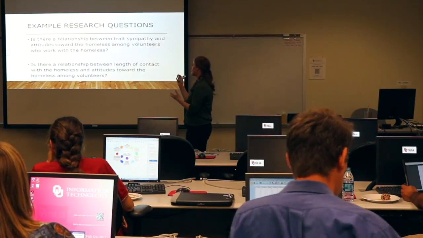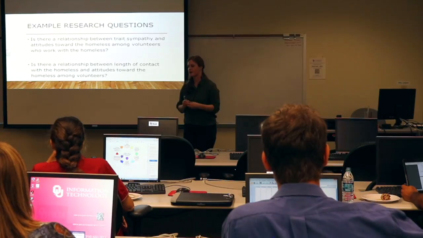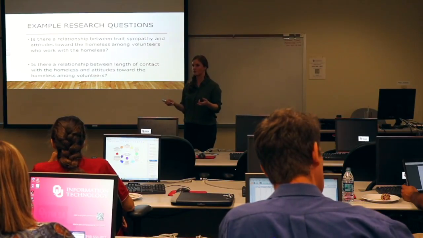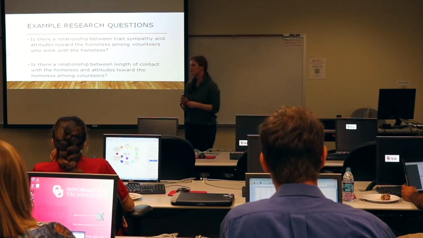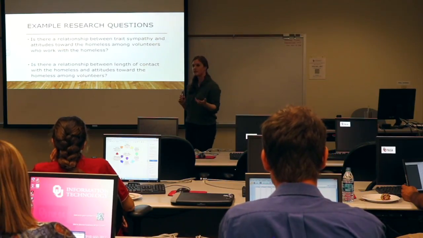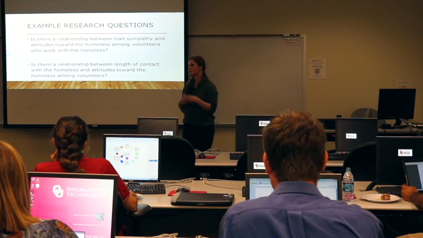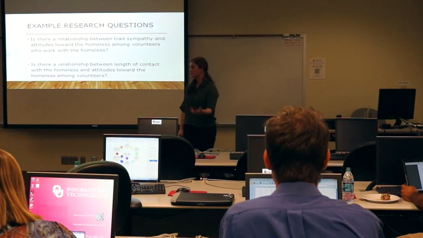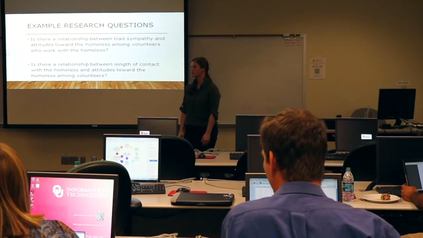So for that example, we'll say that we've turned to the literature and found how do we measure trait sympathy and attitudes toward the homeless. And we did our search through the library and found that there's the trait sympathy scale that's used very frequently and has good psychometric properties. And then we've also found an attitudes toward the homeless inventory that's used quite often in homeless literature.